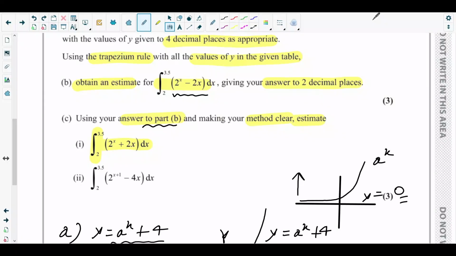Next is part C2. Here the question is asking to find the value of the integration of 2 to the power x plus 1 minus 4x dx from x equals 2 to x equals 3.5.